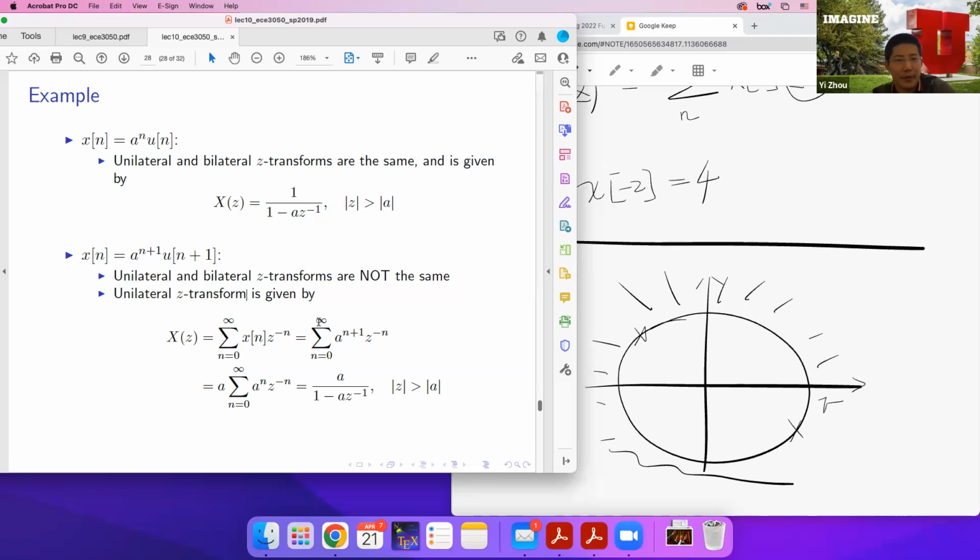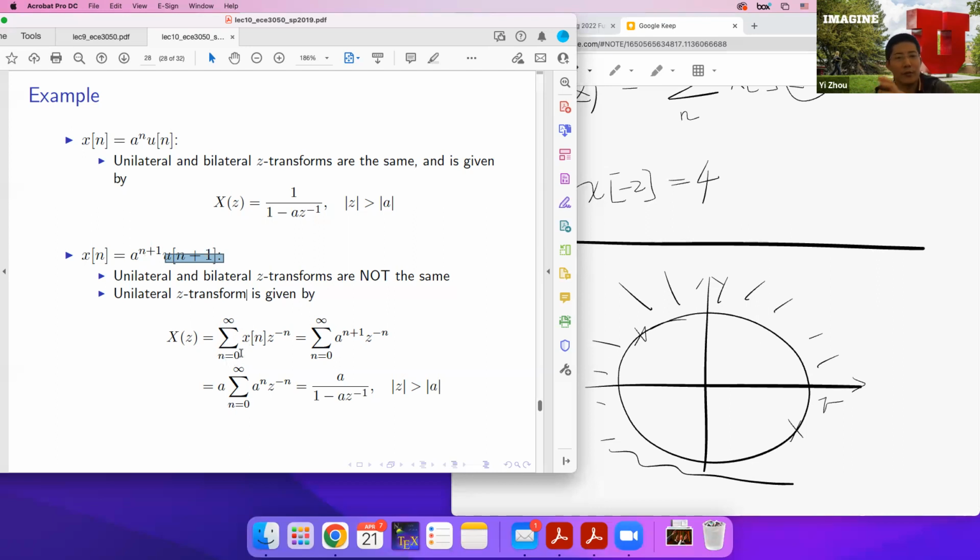But then, because now x[n] equals a^(n+1) times u[n+1], and this u[n+1] starts from -1, which is weaker than the lower limit of this summation.